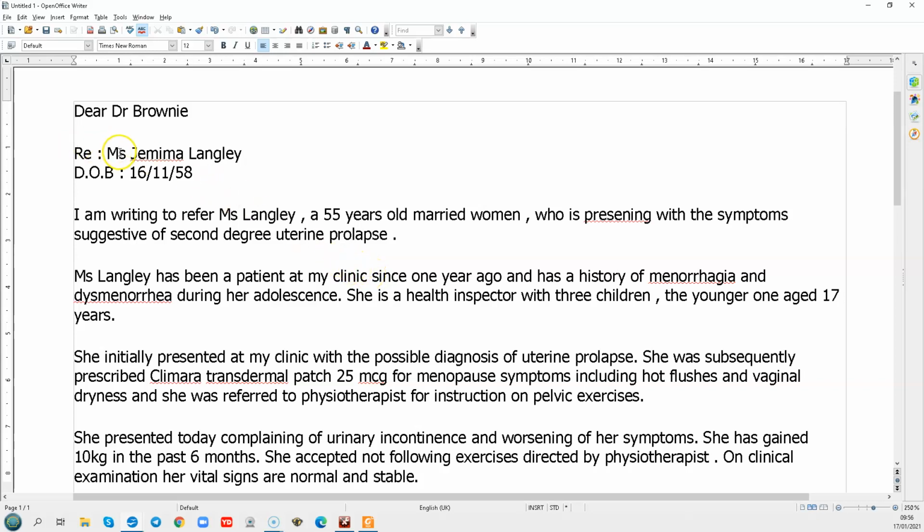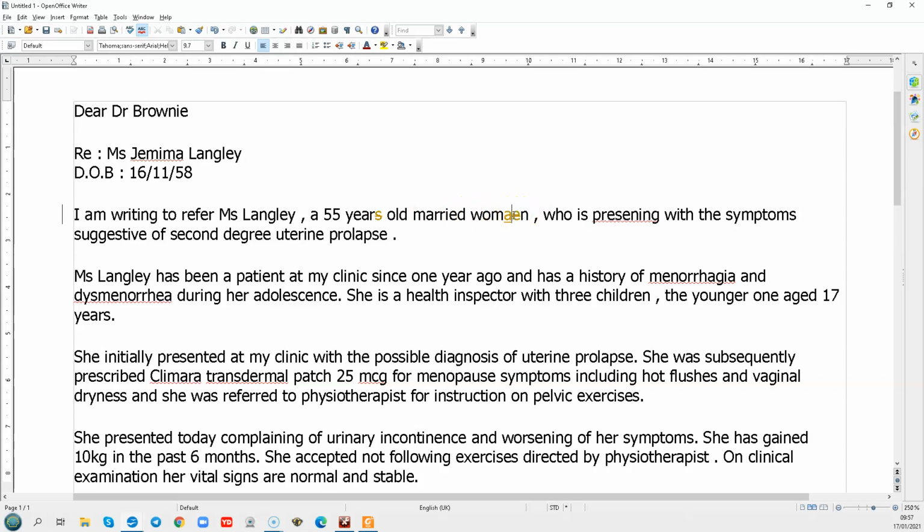The first thing here, the title of Miss, but if she is married, wouldn't it be Mrs.? Isn't that usually the title if you are married? So, anyway, wanting to refer Miss Langley, a 55-year-old married woman.